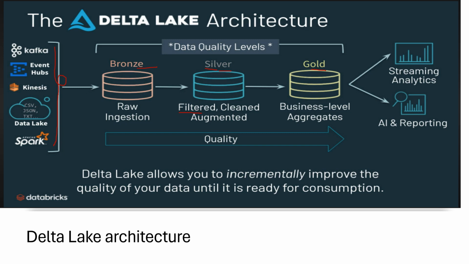And the final stage is the gold, before streaming analytics and AI reporting. We stage the data on the gold layer, where we'll be doing business level aggregates. So it's an incremental improvement of the quality of the data until the data is ready for consumption.